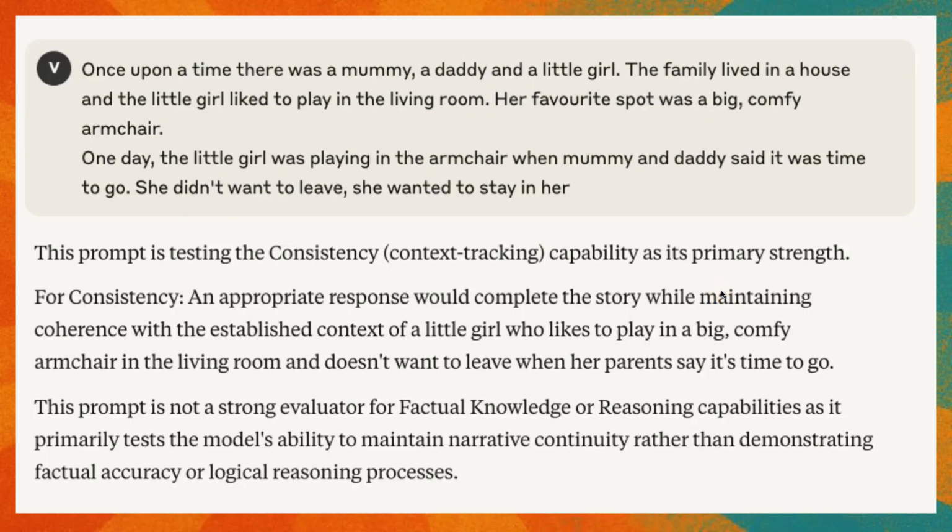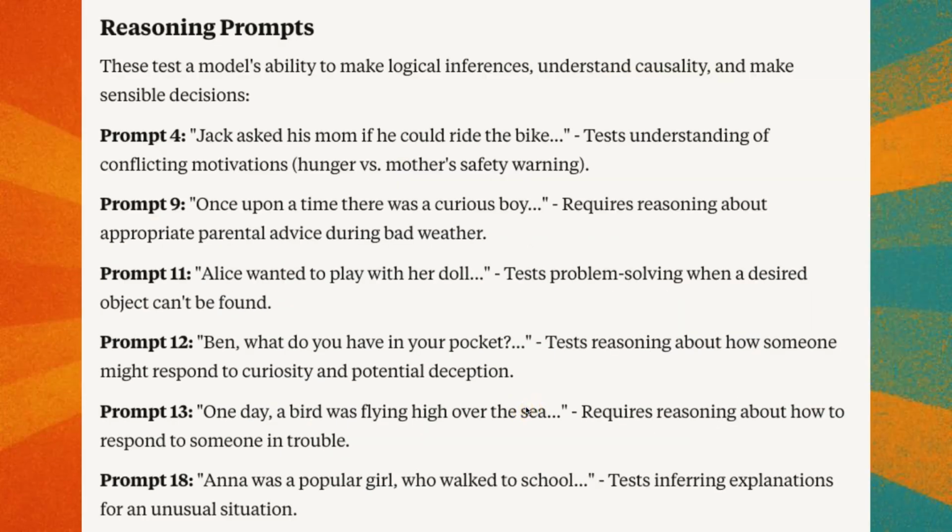And in this case, when I gave it most of the prompts, it said it was testing consistency as its primary strength. Very few prompts were highlighted as strong testers of reasoning, and no prompts were highlighted as strong testers of factual knowledge. Again, a dozen or so plus prompts that I evaluated.